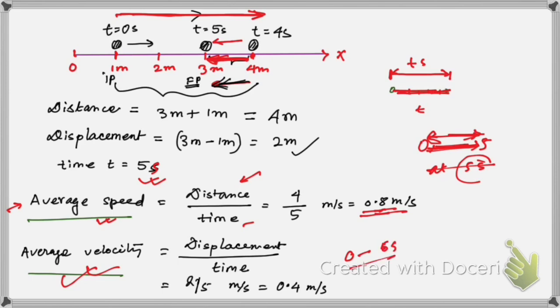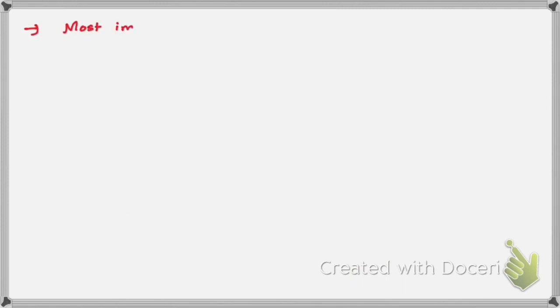Now let me take an example to explain the instantaneous speed and instantaneous velocity. Before we discuss instantaneous speed and instantaneous velocity, let me give you very important mathematical tools. Let me go to the next slide. Okay, so mathematical tools.